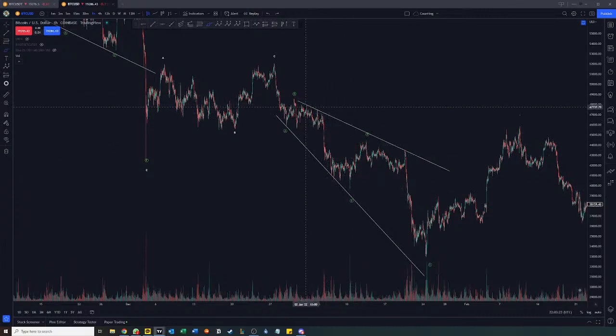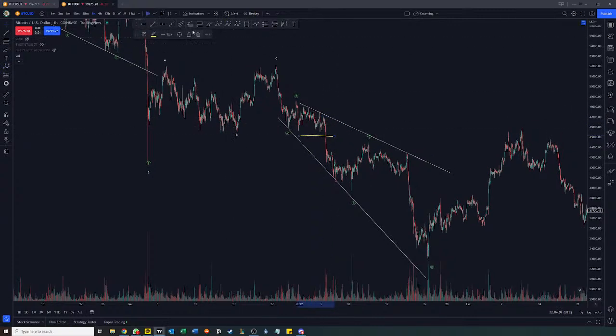It's very complicated. Let me see. It is probably a triangle here, so like a B, C, D, E, and a big C. Triangle probably ends.